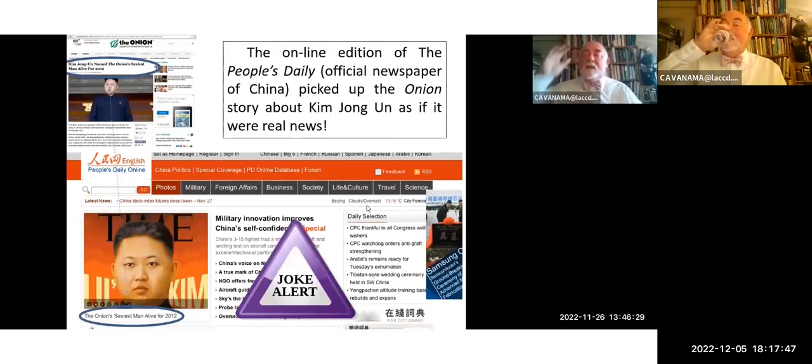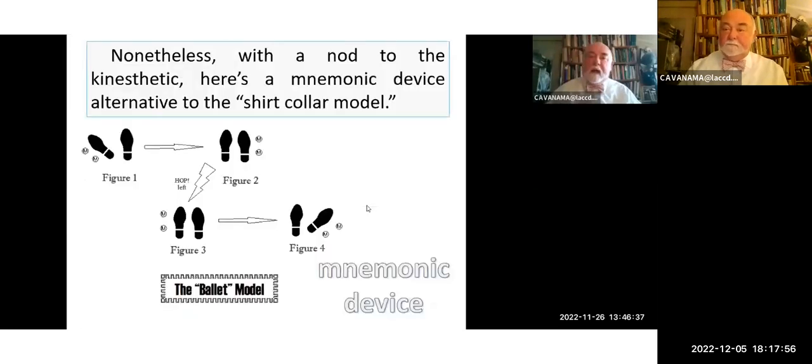Anyway, what I'm getting down to, after this shaggy dog story, is another mnemonic device if you want to use it. Mr. Hurley has the shirt collar model; I'll offer the ballet model. My wife, who was a former ballerina, just cringes when I say this. But you could put your feet together. Figure one is a position where you have one foot splayed out, left foot splayed out, right foot ahead. Then you hop with two feet together, straight up, and then this takes care of that little quirk.